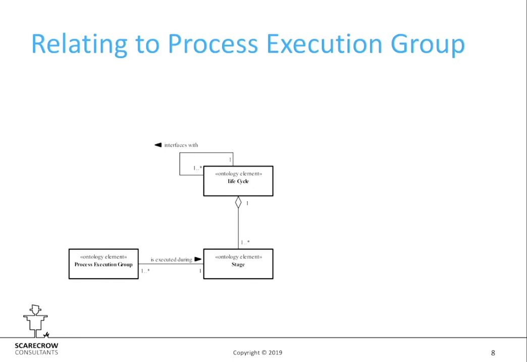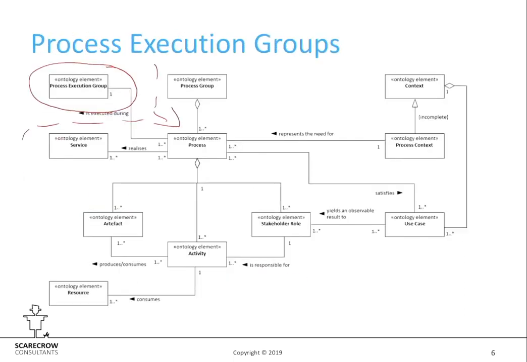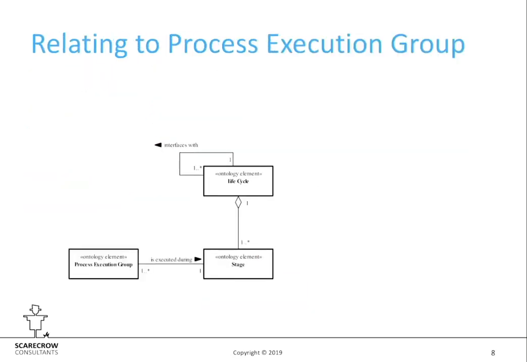And now I'm bringing in the process execution group that, if you remember, was on this slide here on the process modeling one. And in fact, I'm going to draw process on here. Process.